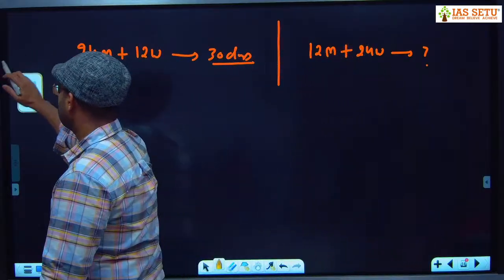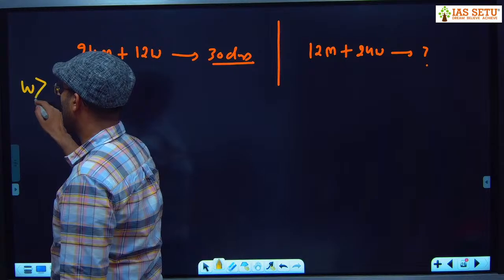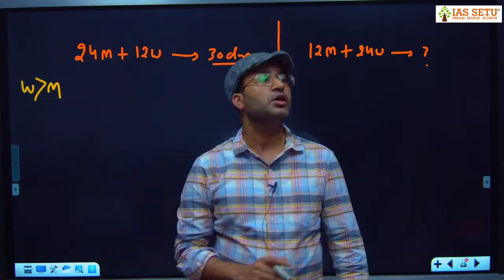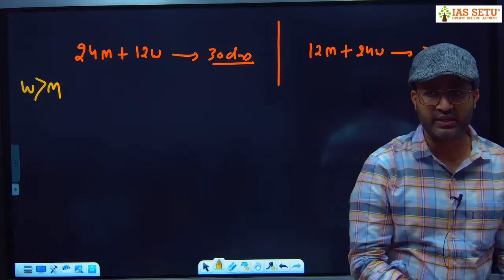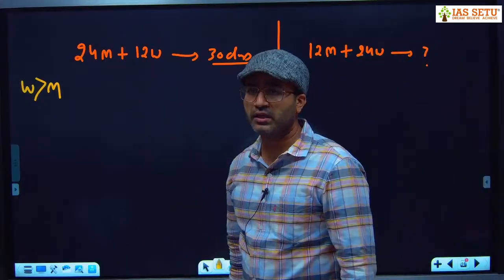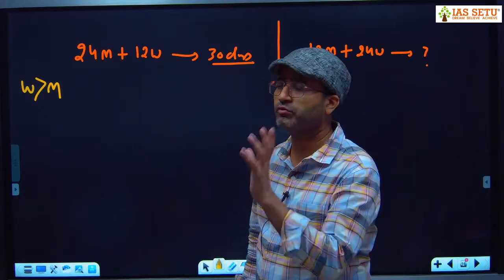बट इफ इन केस वुमेन आर मोर एफिशिएंट देन मैन, if women are more efficient than men, earlier in the system there were 24 men 12 women.